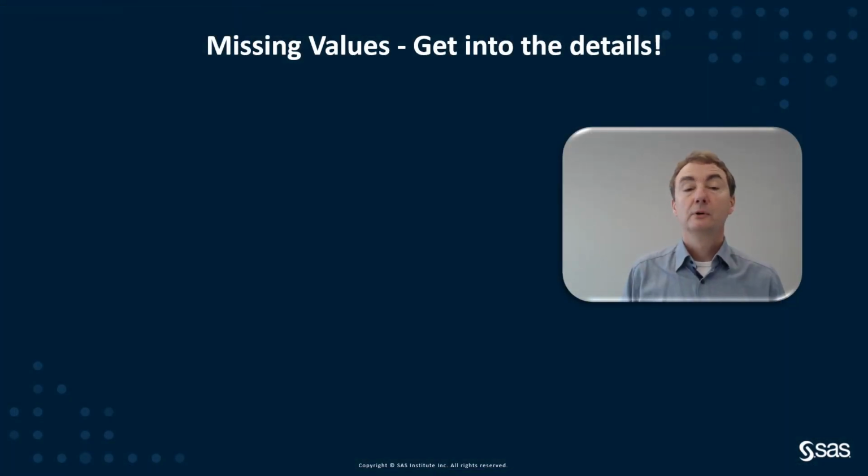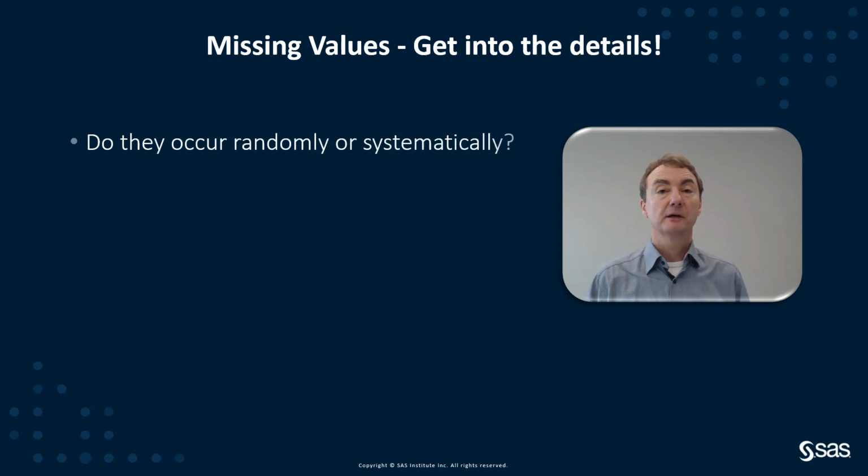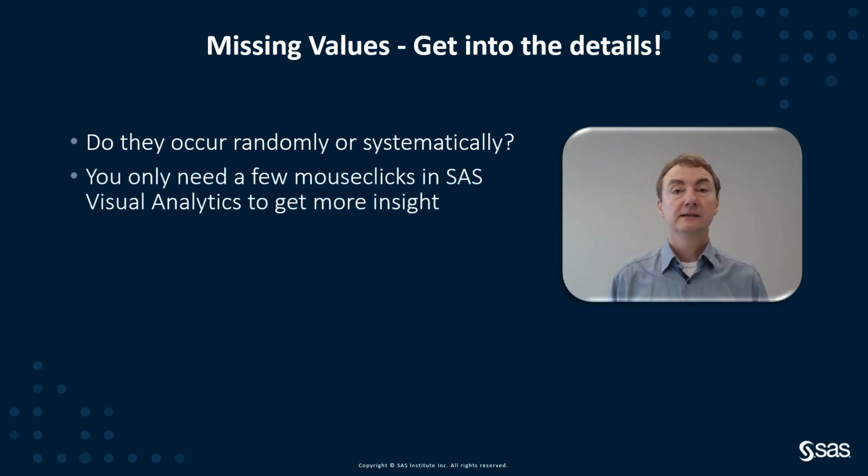In this webinar, we have focused on missing values, and we especially have taken a look at their occurrence. Are they rather occurring randomly or systematically? I've shown you a very easy method in SAS Visual Analytics how you can use just a few mouse clicks to get an answer about the occurrence patterns.